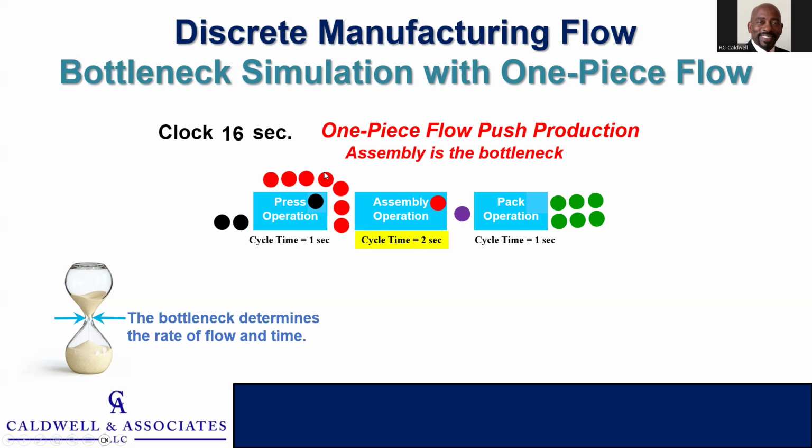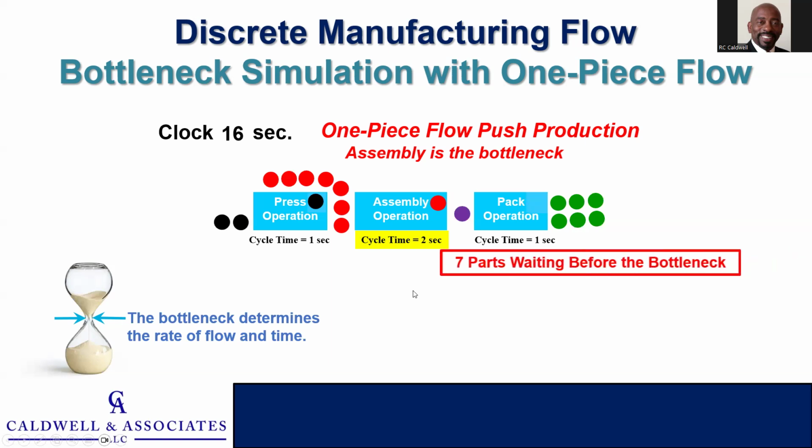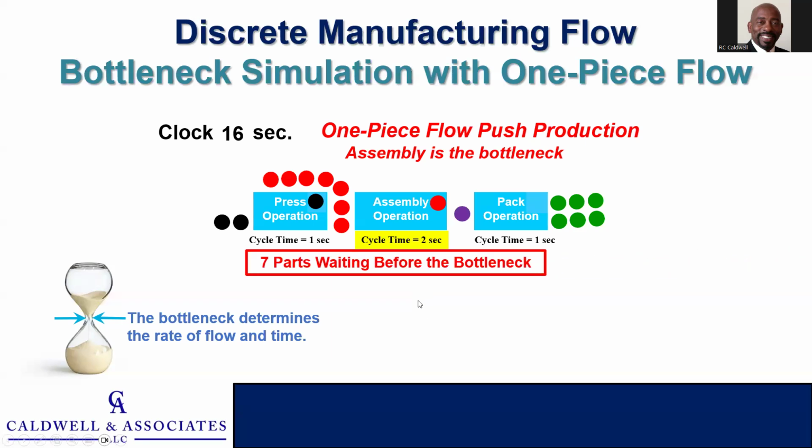But look at this. This is what happens when you have a bottleneck and you're not aware of it. We got 7 parts waiting before the bottleneck. We got 6 finished, which is our throughput. It takes a little longer to get to the finished goods. We got 6 finished goods, and it took us 16 seconds.